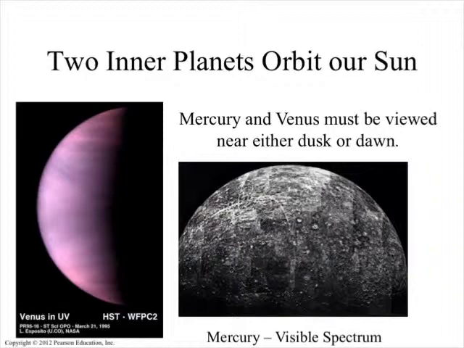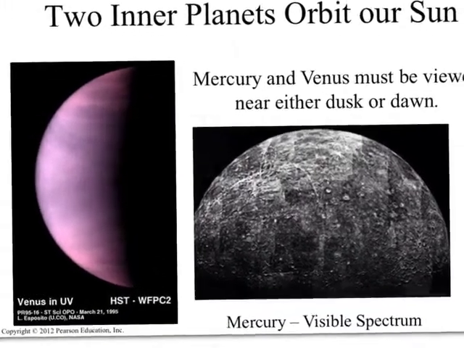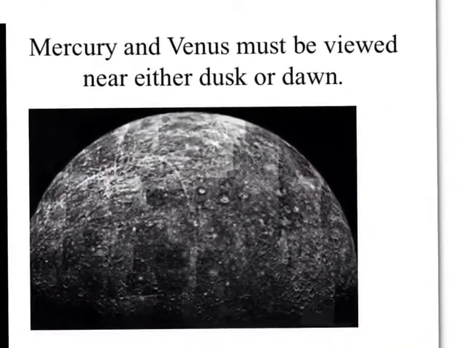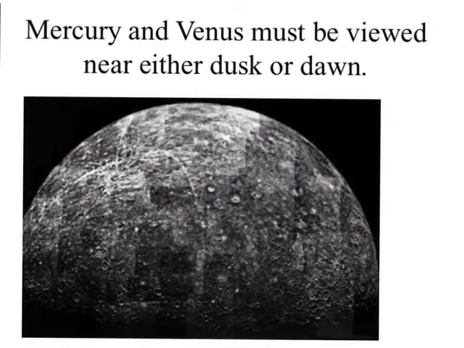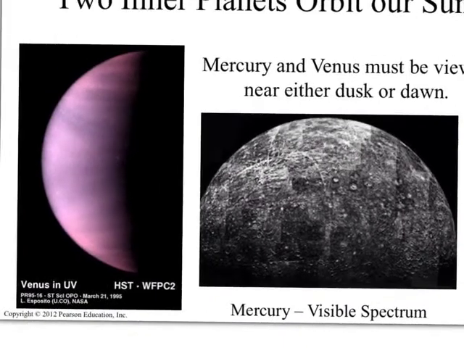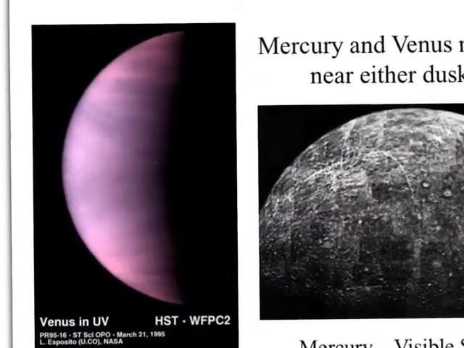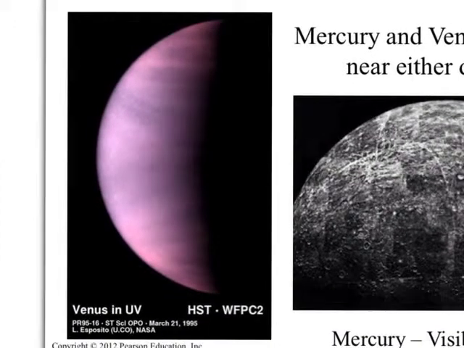some photos here of a couple of other rocky planets other than Mars. The planet that is closest to the sun is Mercury. And if you think Mercury kind of looks like the moon, it does. It's got that gray pocked look, kind of like our moon. And over here, this is Venus. If it looks kind of fuzzy, that's because it's covered in clouds.